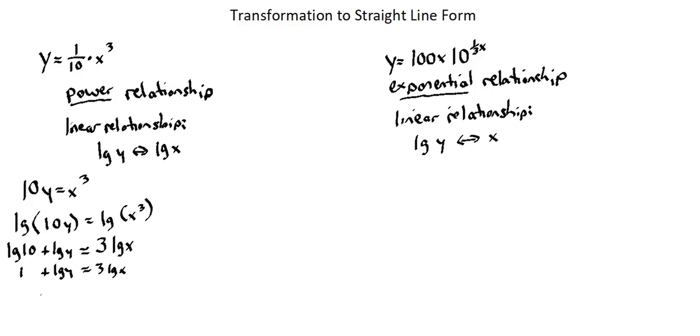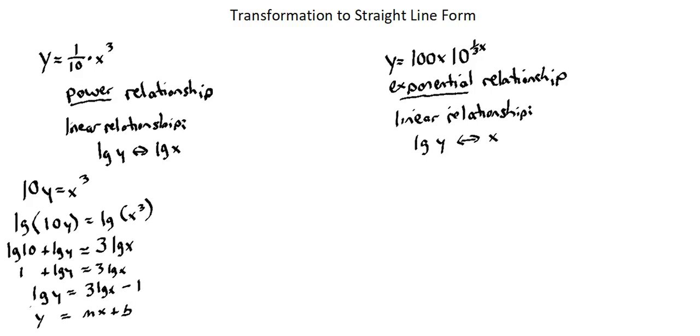And I can subtract 1 from both sides to get log y equals 3 log x minus 1. And now I've transformed the function to a linear relationship, looking at the format y equals mx plus b.